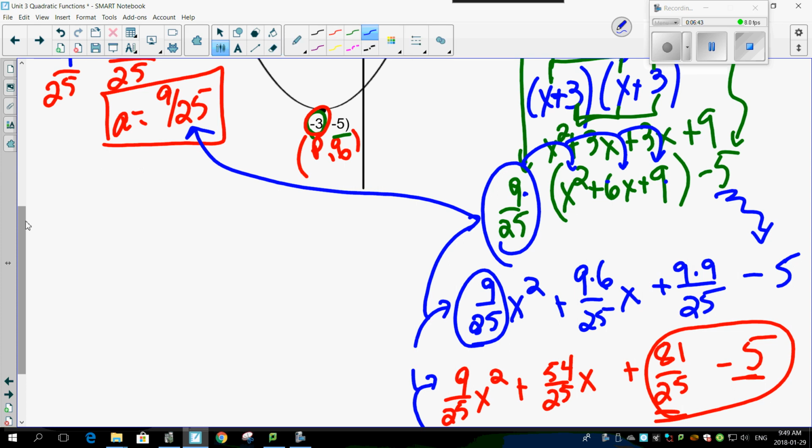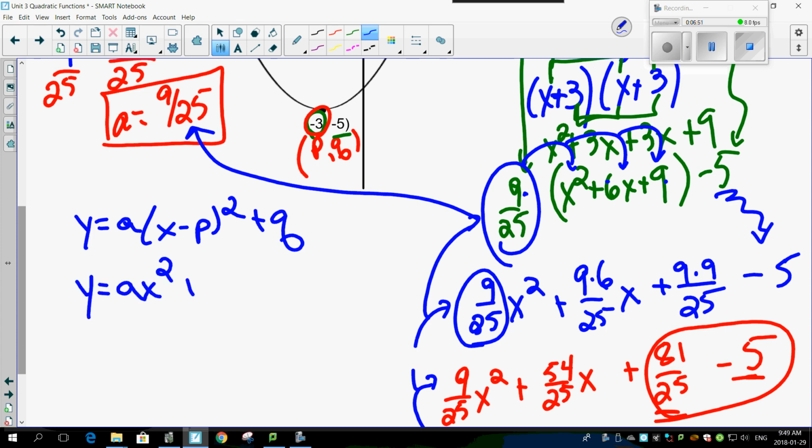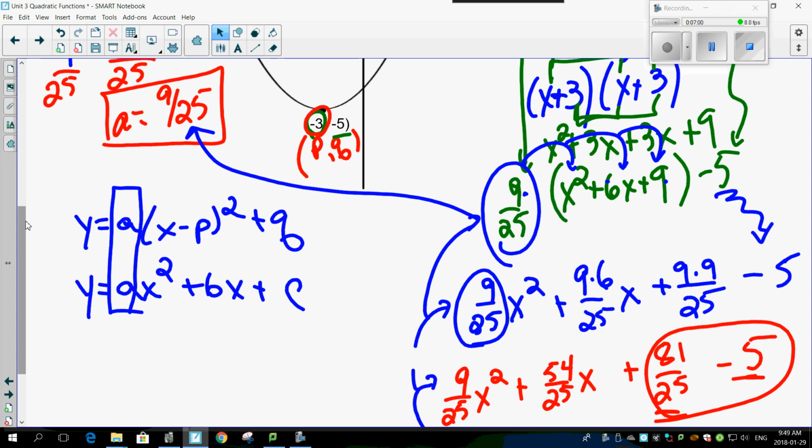Even if you're in vertex form, y equals a(x minus p) squared plus q, and in standard form, ax squared plus bx plus c, these a's never change. That becomes really, really important when we start dealing with standard form and everything else later on. Extremely important.